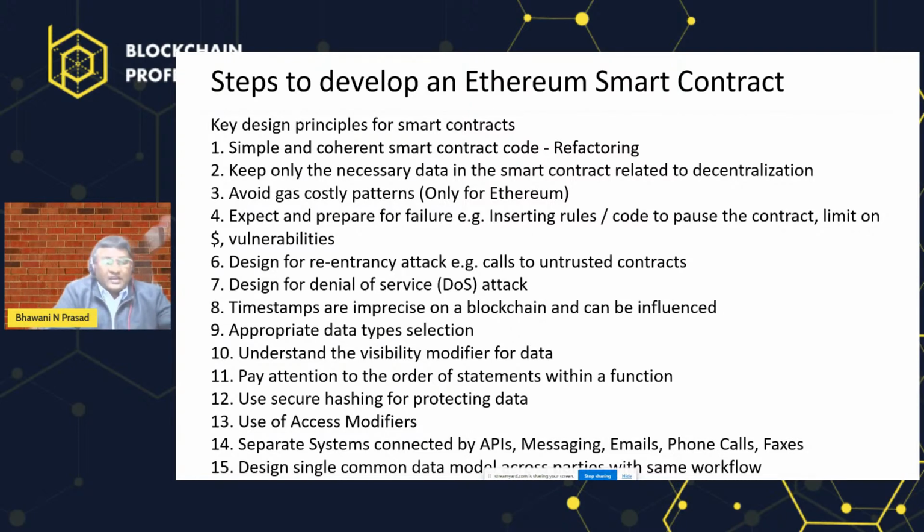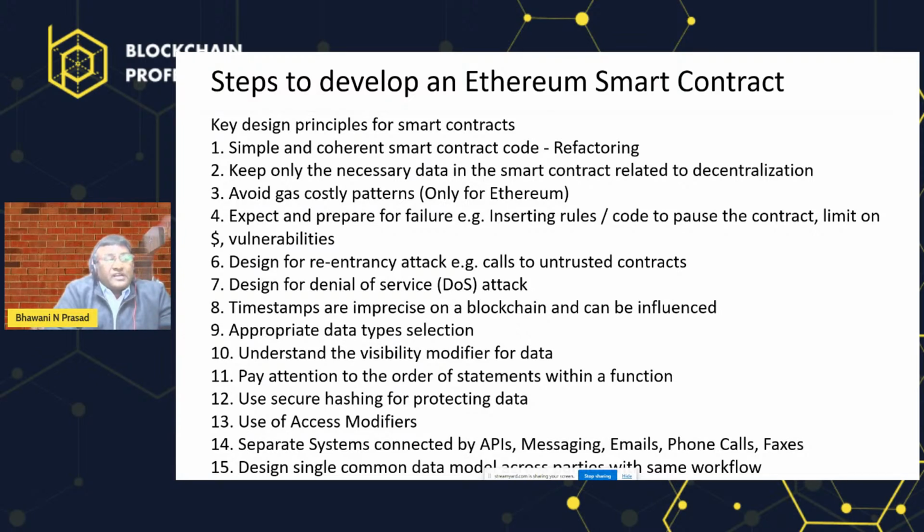That is refactoring, because it is just like Java code, so refactoring is very useful here. You have to ensure that the contract in question solves an individual problem, and this helps keep things simple and avoid design and code errors.